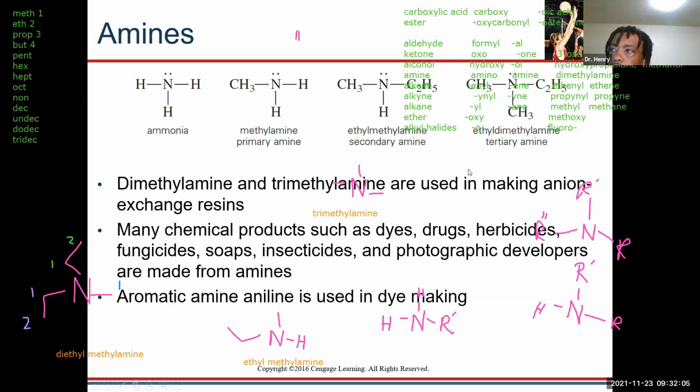Okay, so these are examples of those amines, and you'll see these on, let's say, soaps, insecticides, fungicides, dyes, things like that.